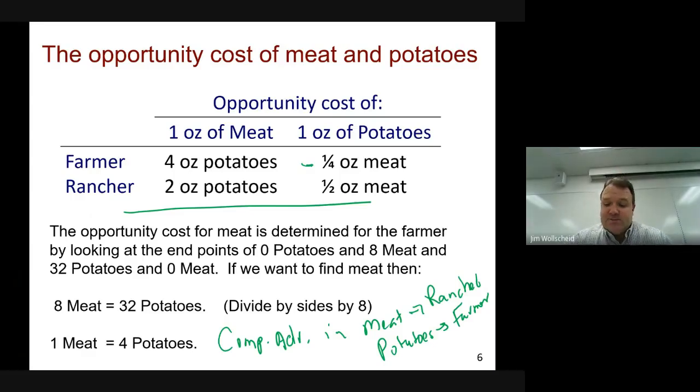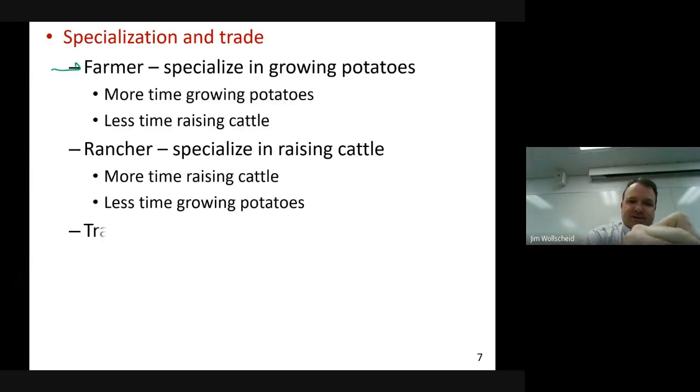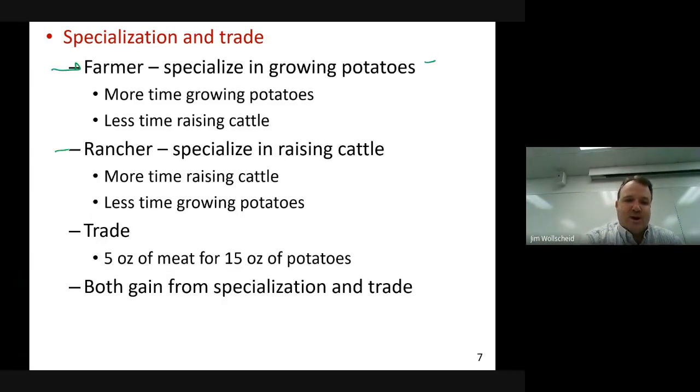So now that I know what they specialize in, then I can go forward. I talk about the farmer specializing in potatoes, the rancher in cattle, meat. And now I have to find a trade. How do I know, again, what trade works? Well, we do it the same way we always did.